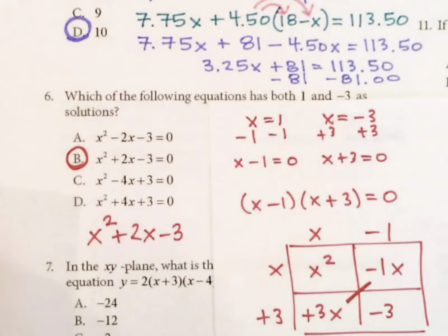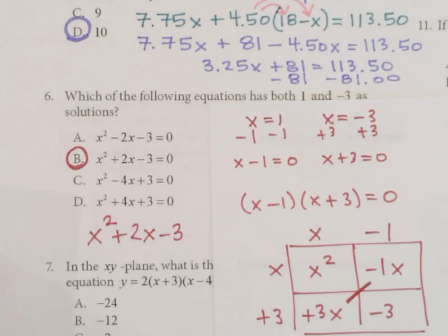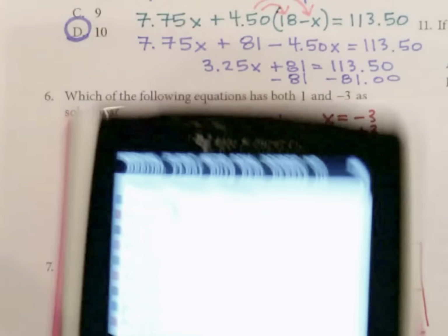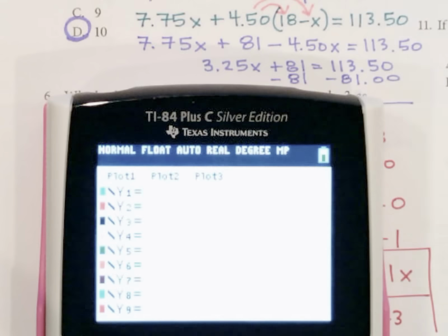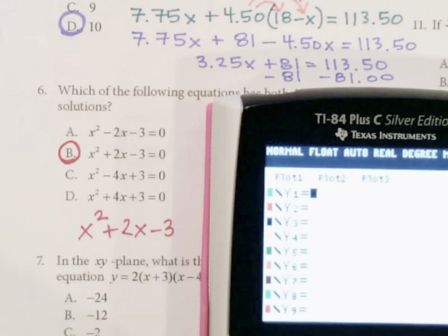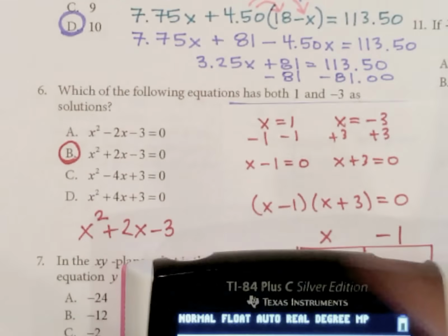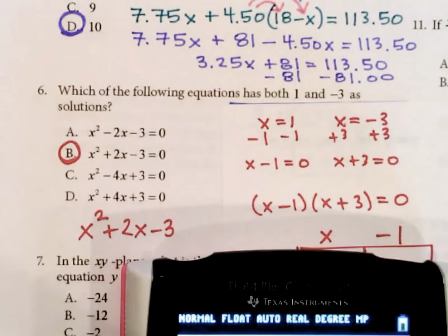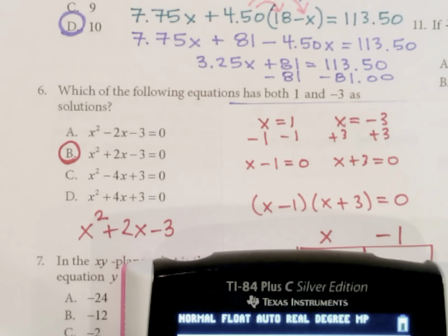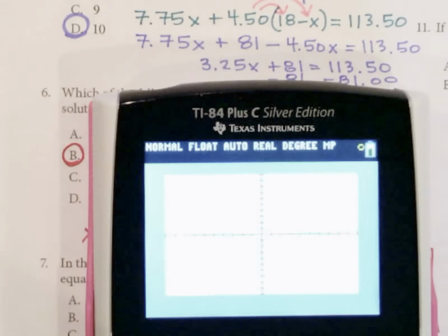And let me just show y'all something really quick, just in case this isn't making sense. If I was to graph x squared plus 2x minus 3, and then also graph what I know my solutions are in the factors, x minus 1 and x plus 3, let's see what happens here.